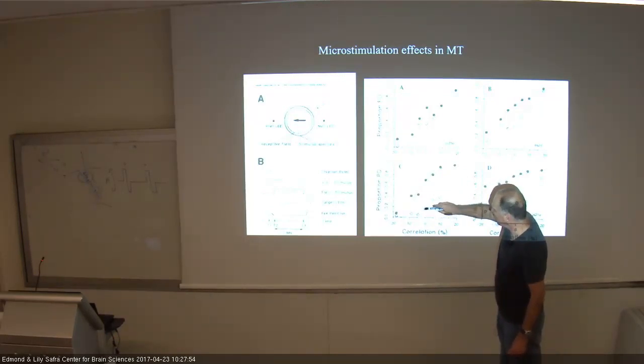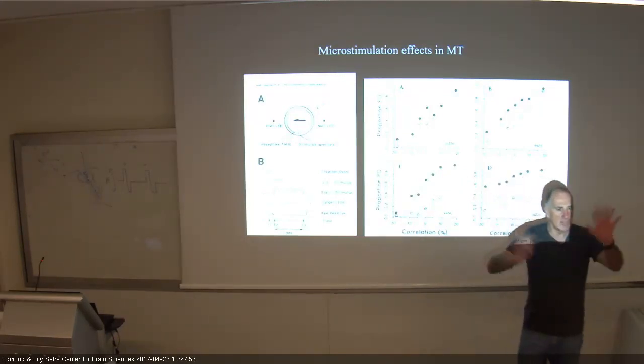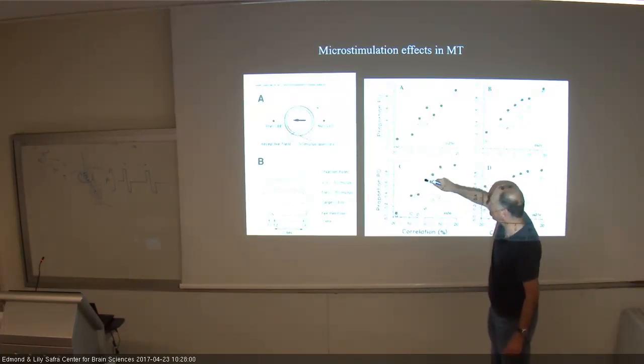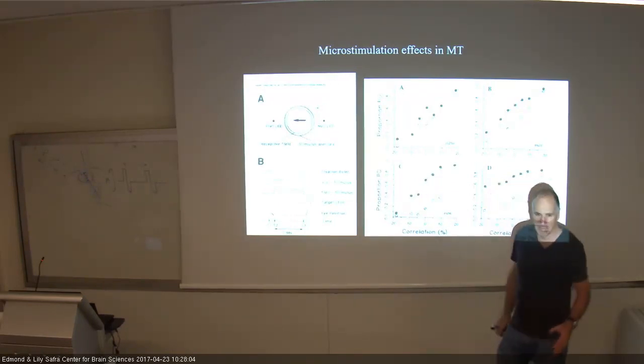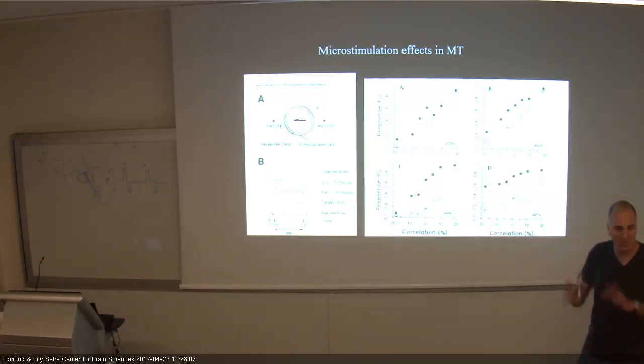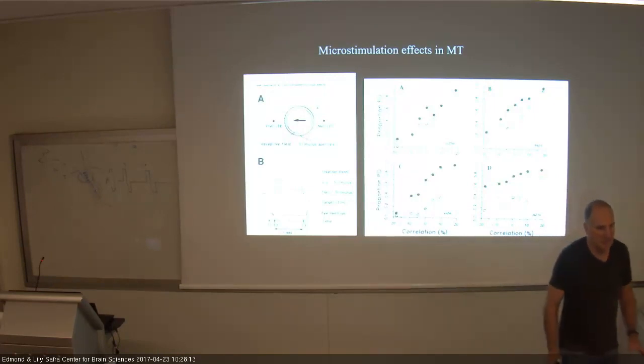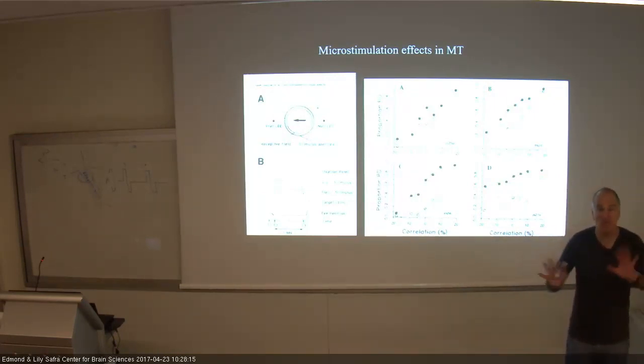For the 0% coherence, you see the complete random motion, and you see a major jump. Now the monkey says in 70% of the cases that the dots have moved in the preferred direction in the stimulated trials, while in the non-stimulated, 20% of the trials. So notice, there's no stimulus on the screen.